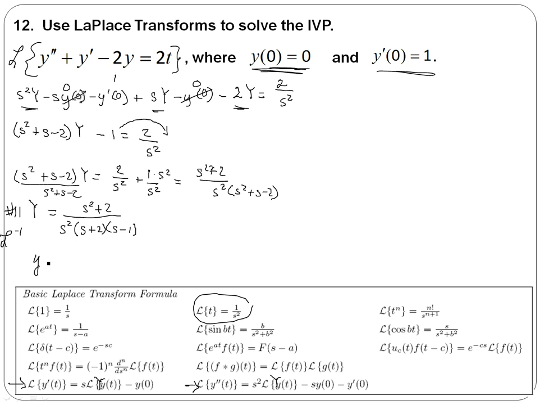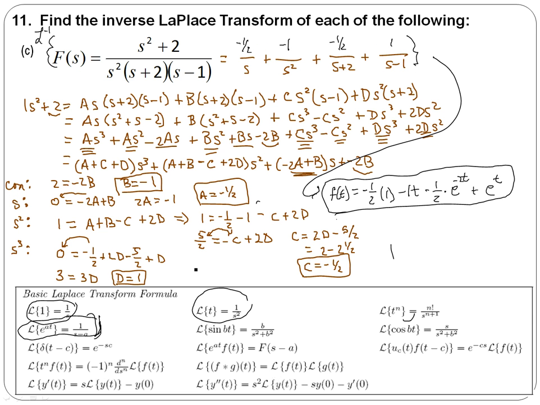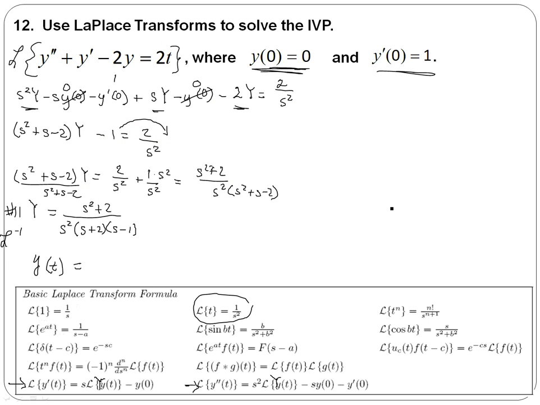you get y of t is equal to negative 1/2. It's over here. Negative 1/2 minus t. Let me write that first.